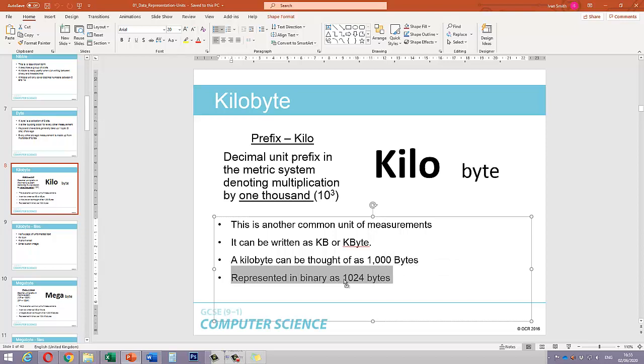So the computer would see this as 1,024 bytes and not 1,000 bytes. However, because we're dealing with human beings, and in reference to the exam papers, we can treat that 1,024 that the computer sees as 1,000.